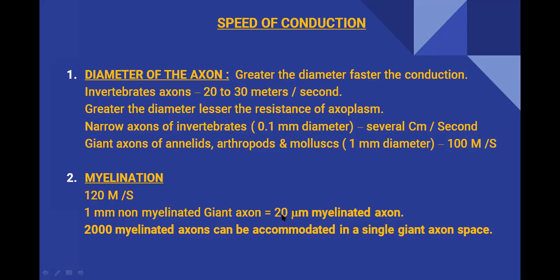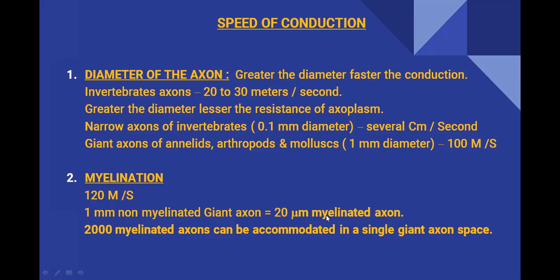But remember that giant axons are non-myelinated. They do not have a myelin sheath on the outside. So a non-myelinated giant axon of 1 millimeter diameter is able to conduct the nerve impulse at a speed of 100 meters per second.